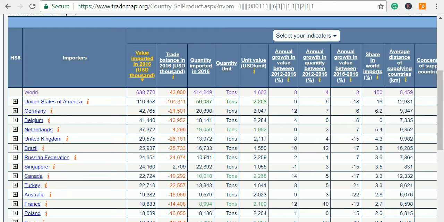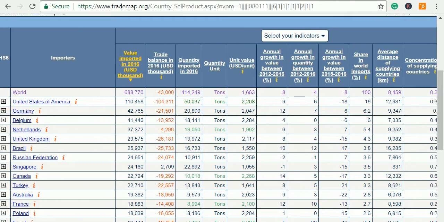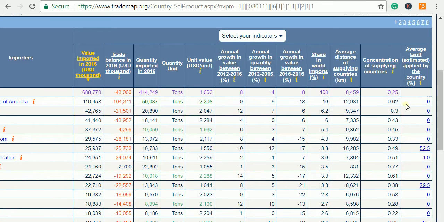In the Trade Map, we are going to see a particular data called concentration of supplying countries. This is based on the Herfindahl index. If you see a number higher than the other countries, say 6.62 for United States of America, this means United States of America is buying from fewer countries, and therefore the concentration of supplying countries is quite high in that target market.